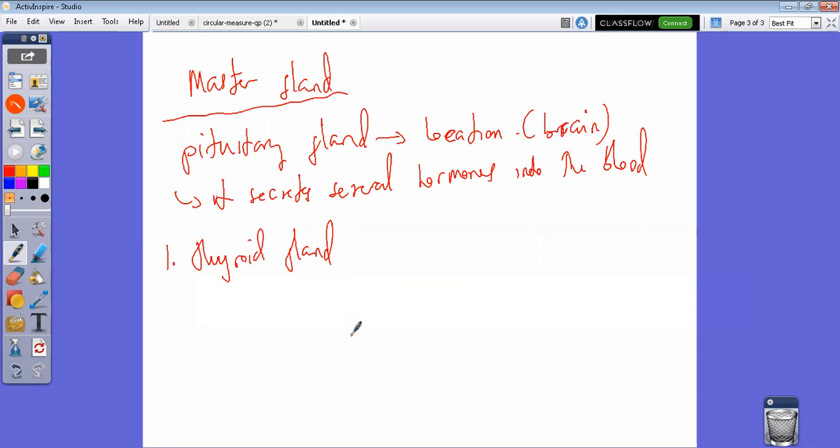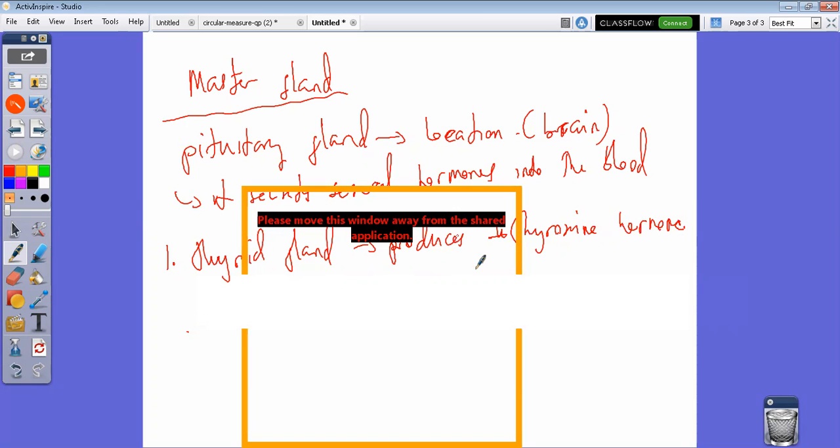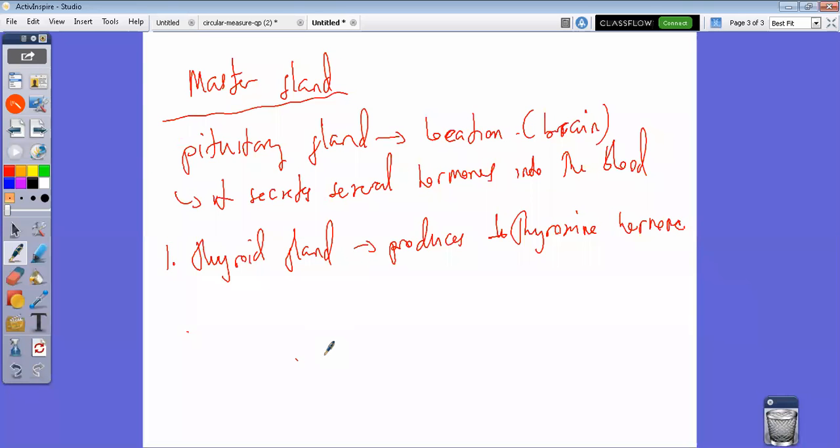The thyroid gland produces thyroxine hormone. This is not a very important one.